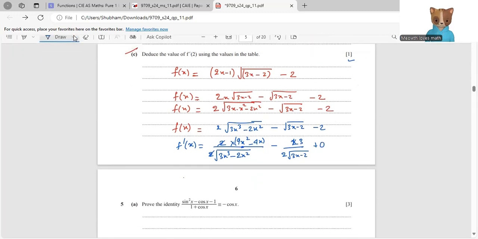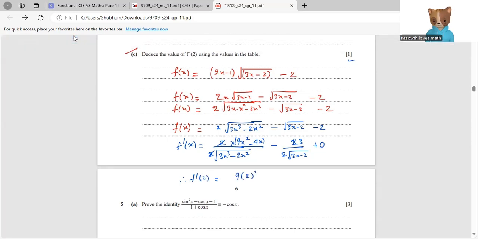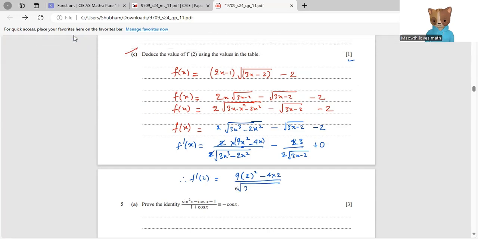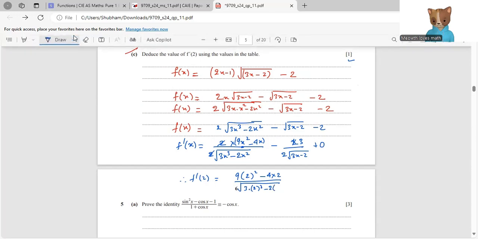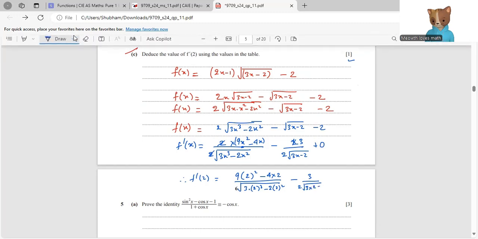Now, therefore, f dash of 2 will be how much? Just plug in 2 here. (9 times 2 squared minus 4 times 2) divided by 2 under root (3 times 2 cubed minus 2 times 2 squared), minus 3 over 2 times under root (3 times 2 minus 2).